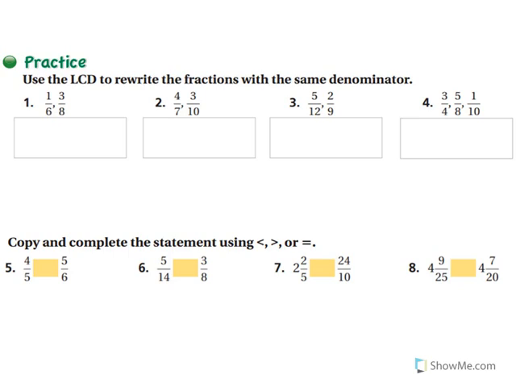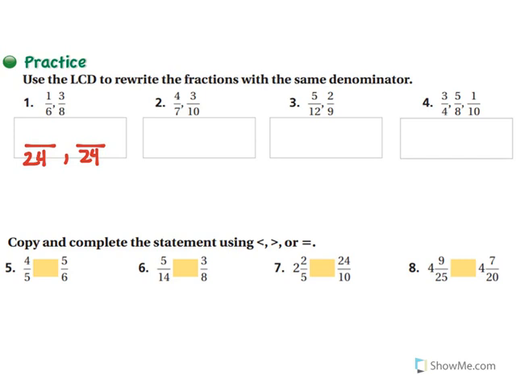All right, let's go ahead and take a look, see how we do on these problems. So, for number 1, we're going to have both 6 and 8. We can use 24 for our denominator. So I put 24 here, I have 24 here, because I know 6 times 4 and 8 times 3 is 24. There's no smaller denominator that they both have in common.